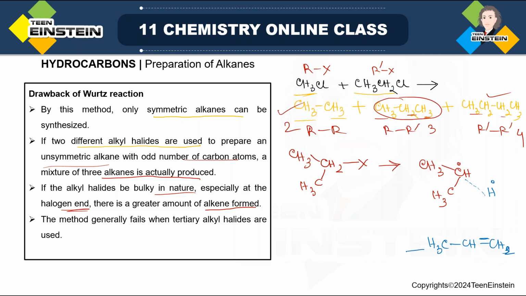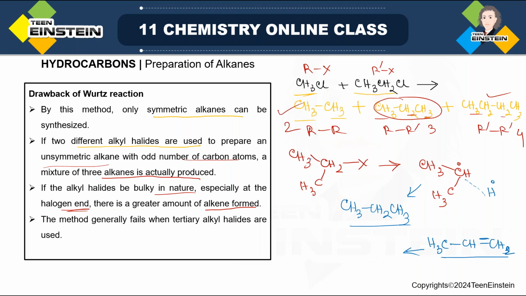So the result is that one is converted to an alkene, propene basically, and the other is converted to CH3CH2CH3. Sorry, what I mean to say is, if you are using Wurtz reaction, we take RX and from 2 RX we get RR.